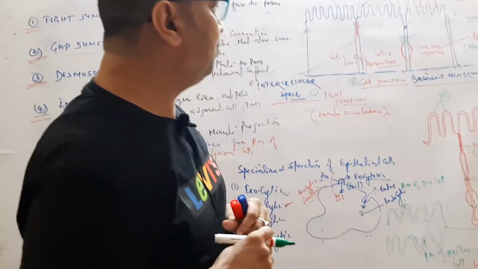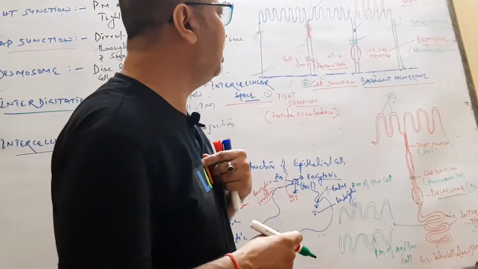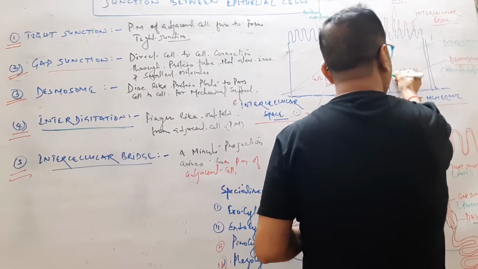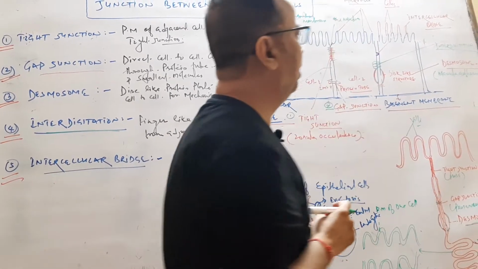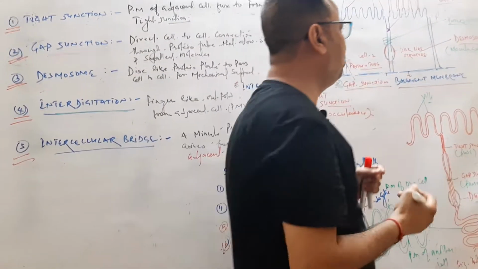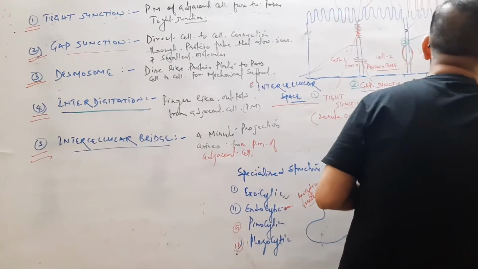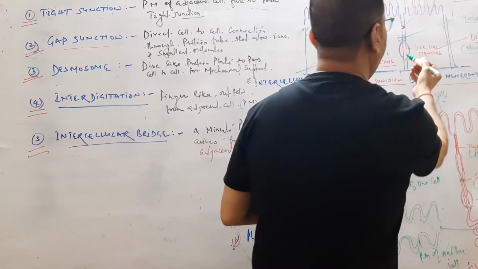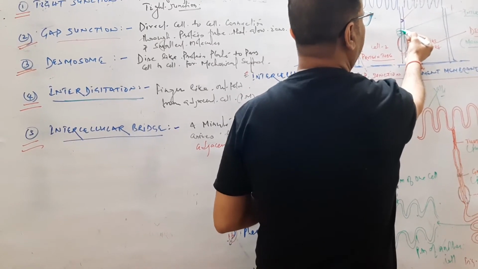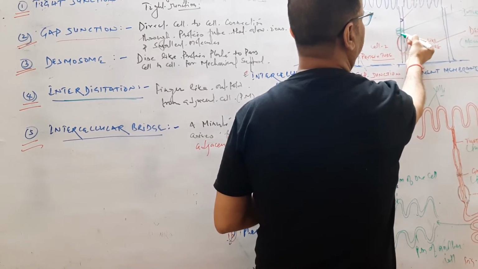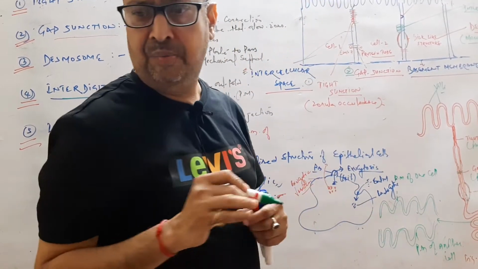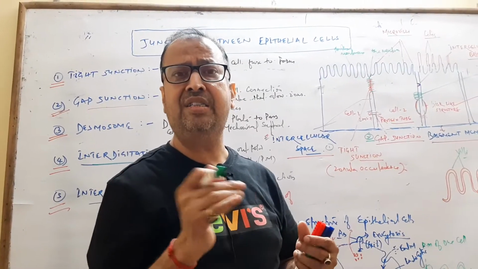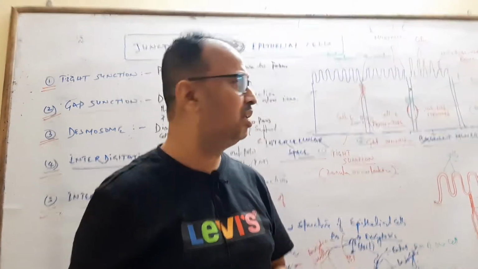Next one is desmosome. Desmosome is a dish-like structure, a dish-like proteinous plate formed between the adjacent cells. It is also called macula adherens. Another junction is called interdigitation. Both plasma membranes of the cells go outward to form digit-like outgrowths.